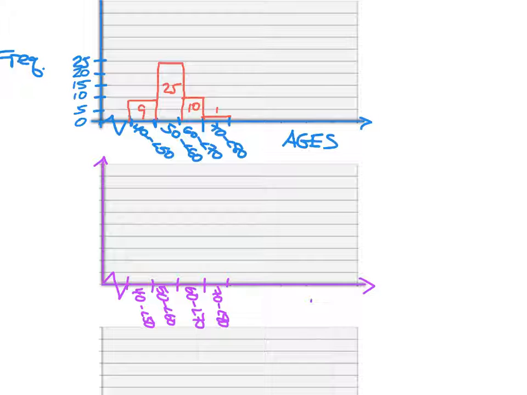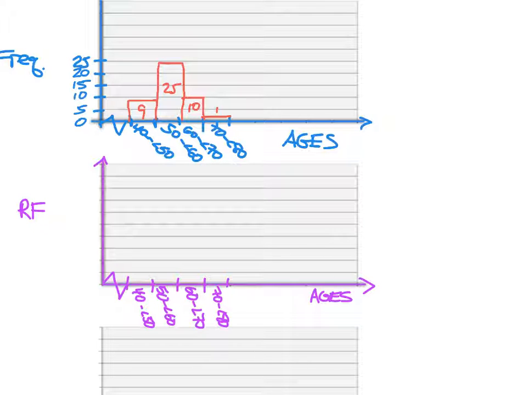And again, these are ages. I'm fine with RF as the abbreviation for relative frequency. Now, these relative frequencies are decimal values that max out at about 0.55.